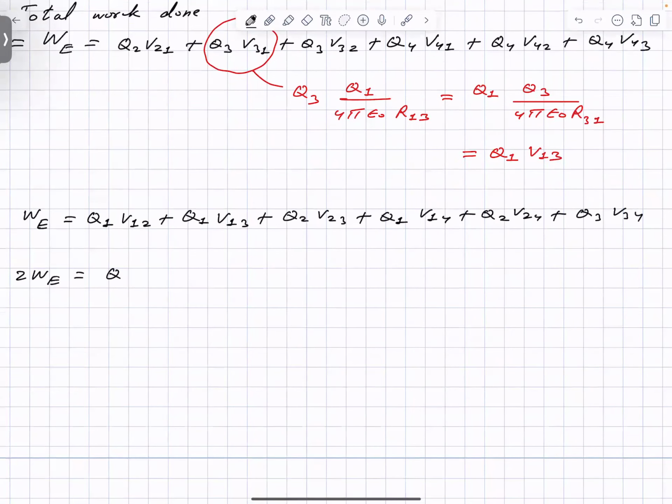We'll have Q1 and then V21 plus V23 ... Q1 V31 plus Q1 V41, and so on. If we have n charges total, it goes up to V n1.